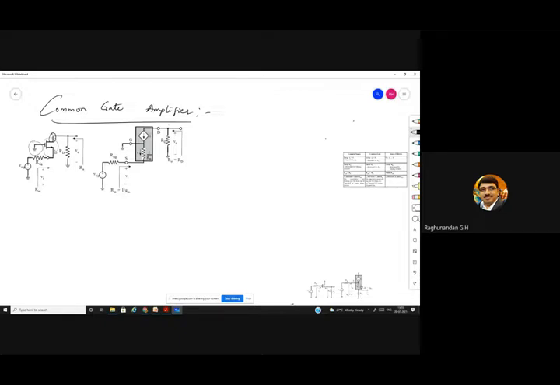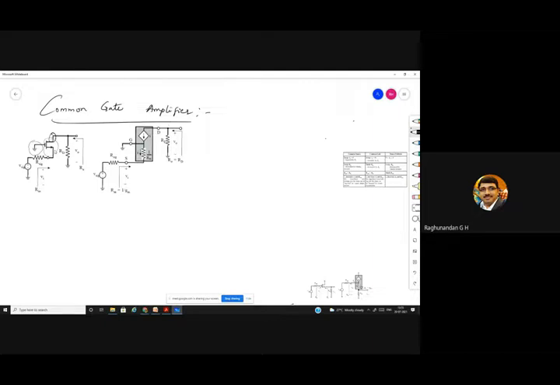Since the source terminal is given the input signal, we indicate the small resistance offered by the source in terms of transconductance, that is 1 by gm.